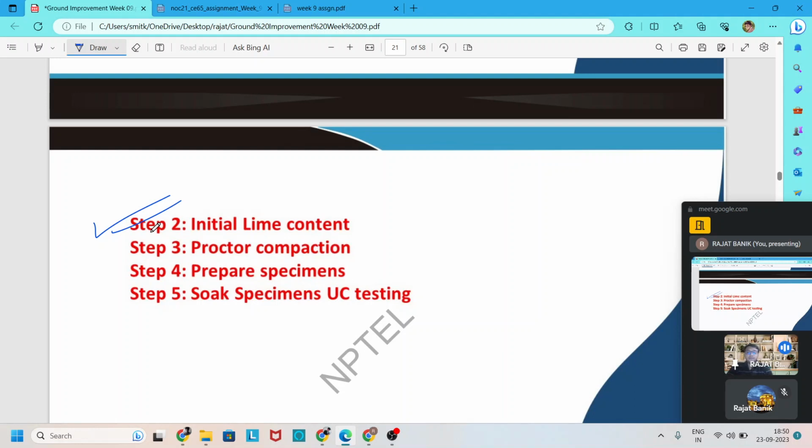So in step 5, we apply soaked specimen testing. We soak the specimen because in an extreme condition, when there is a flood, the soil or ground goes underwater. So it is a very extreme case. To test our specimen, we soak it in water for 24 hours or 4 days.